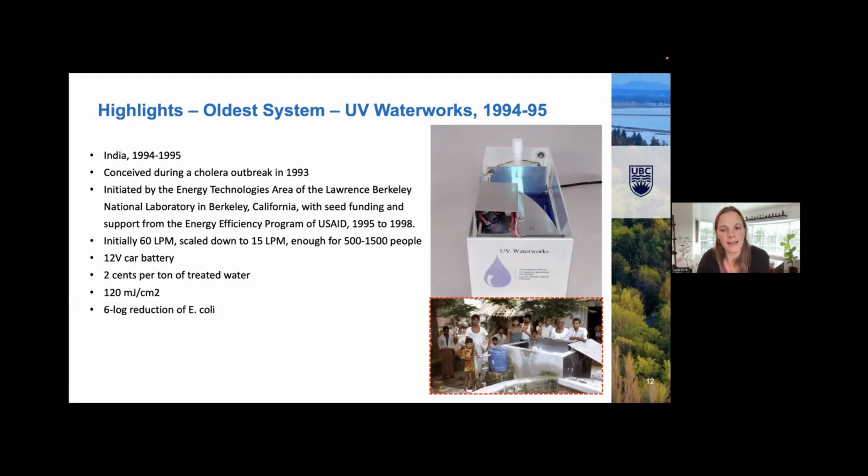If you're in the industry, that's about 3 times the normal dose of 40 that we try to apply for drinking water treatment. And it had a more than 6 log reduction of E. coli, but that's how much they were detecting, and they reached the limit of detection. But one of the things that's unique to this one is that it was operated by a 12-volt car battery.